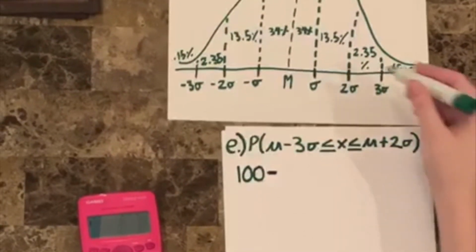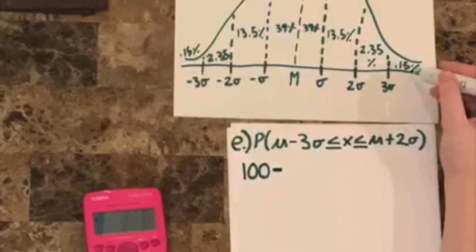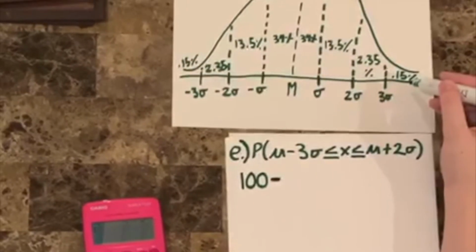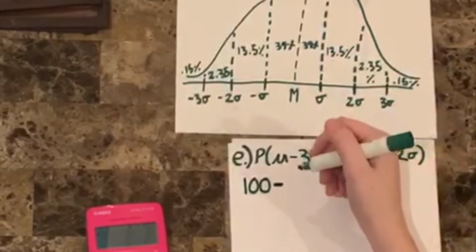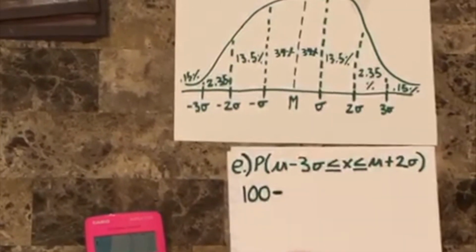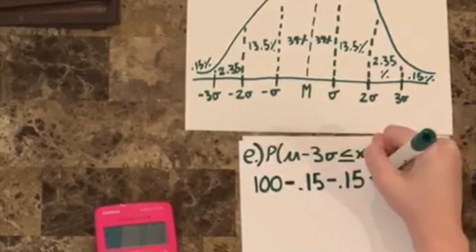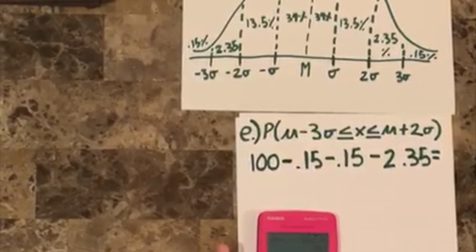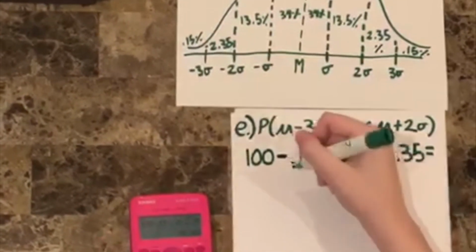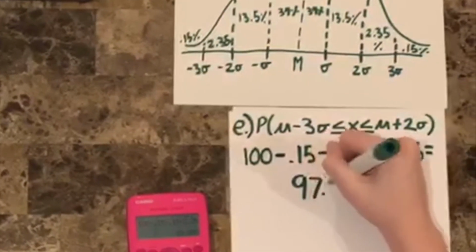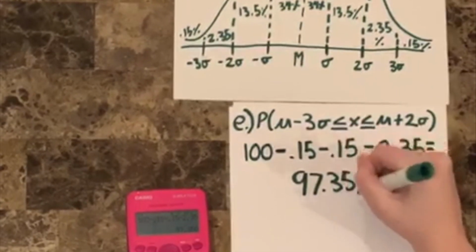So it is outside 2.35, 0.15, and 0.15. So it will be 100 minus 0.15 minus 0.15 minus 2.35. And it is 97.35%.